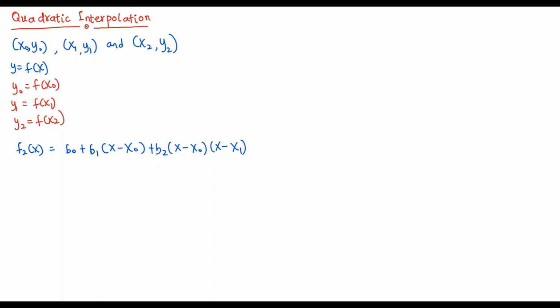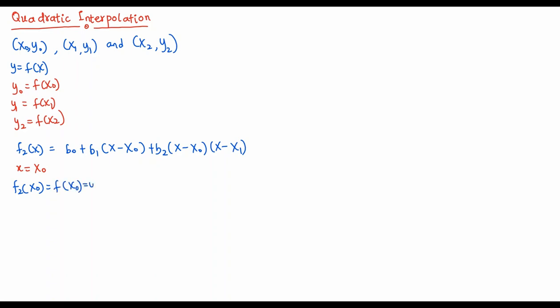So what I'll do is that I will set x to be equal to x naught. What that means is that if you put x naught into this function that you are assuming here, then you are going to get its corresponding y naught. So we can say that f2 at x naught will be the same as f of x naught, right?